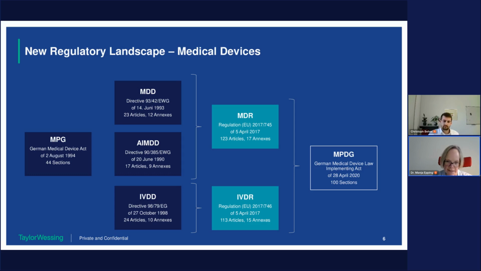We'll look at this a little bit later. And then for most of the medical devices, a certificate is issued, and the manufacturer then has the possibility to put the CE mark on the device. So two different pathways.